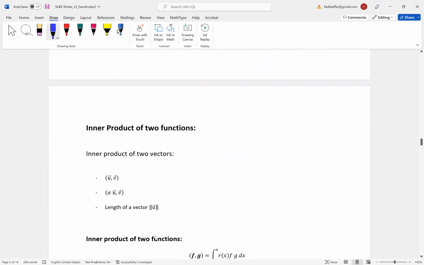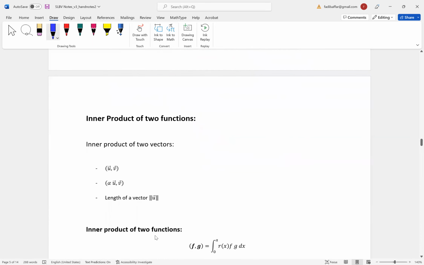And now let's shift gears and speak about another topic that will guide us to understand more the eigenfunction expansion. So now we speak about inner products of vectors and functions, vector space and function space.